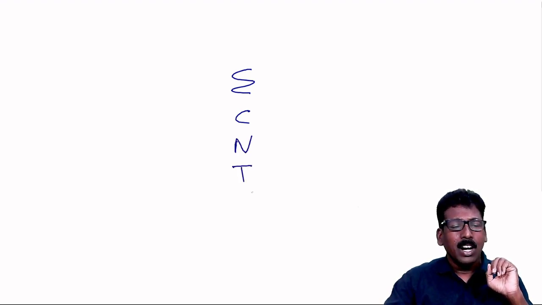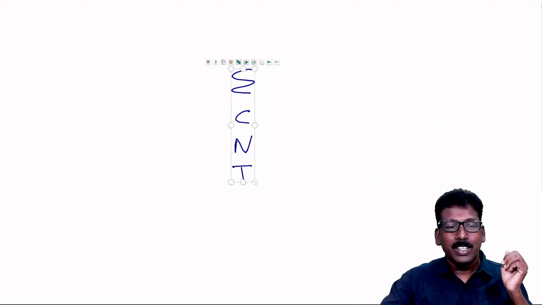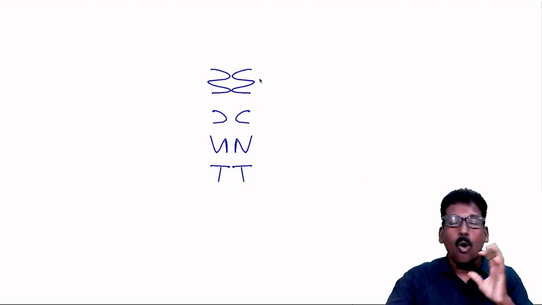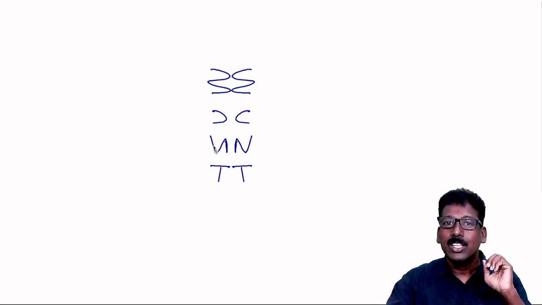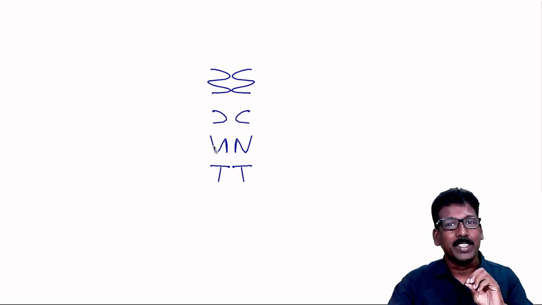Now let me draw some figures or letters, and if I keep a mirror here, how will it look? It will look this way, just opposite. If I take a C here, it will be like this. If I write N in this way, the mirror image will be like this. So you have to keep this property in mind before solving this question.